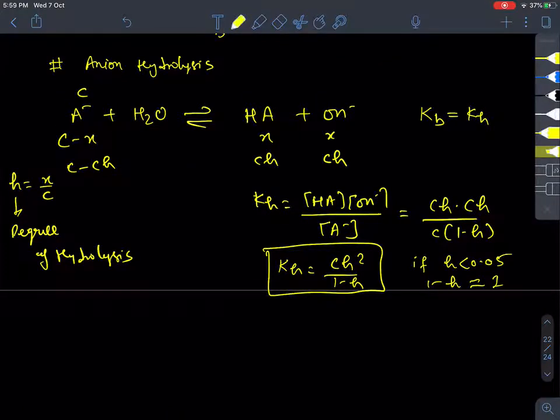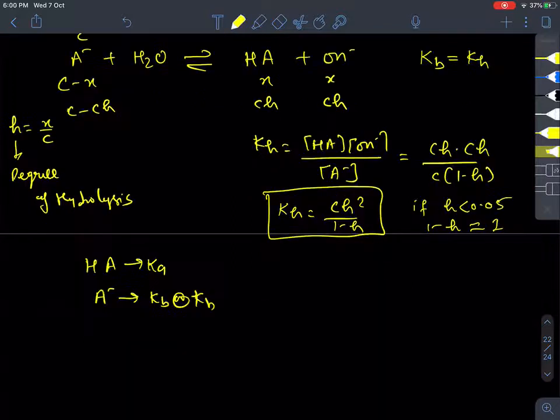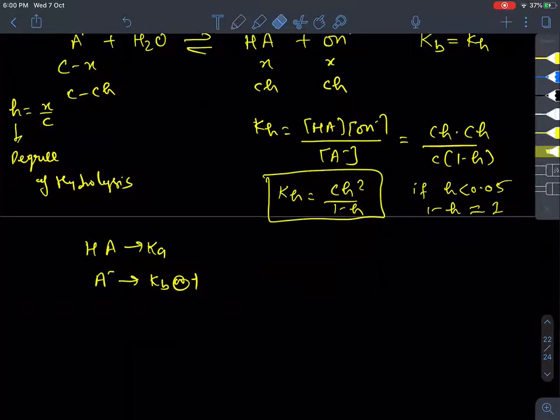They will give you the Ka value of the corresponding conjugate acid. So if the value of Ka is given to you, then you can figure out the value of Kb or Kh. How? Very simple.